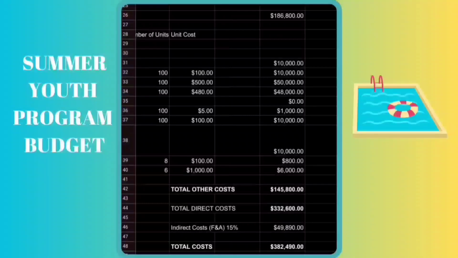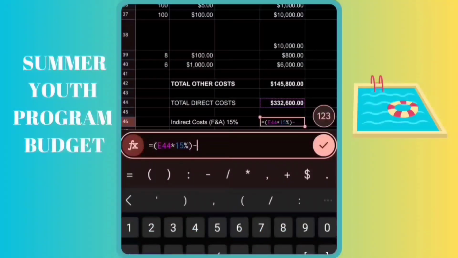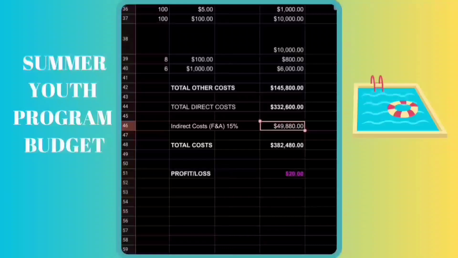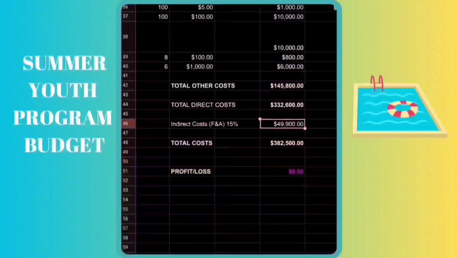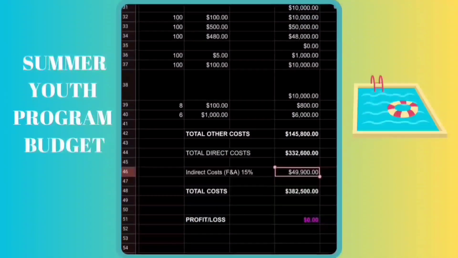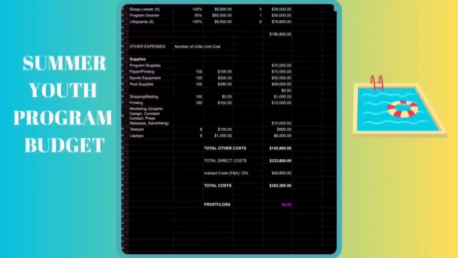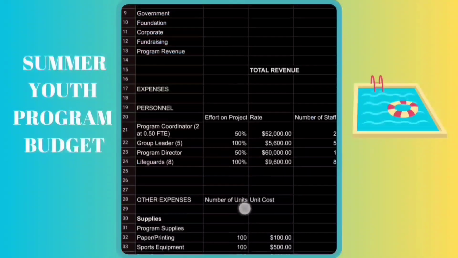All lined, then we can start formatting this budget. So what I did was I added $10 there to the indirect costs to balance the budget.